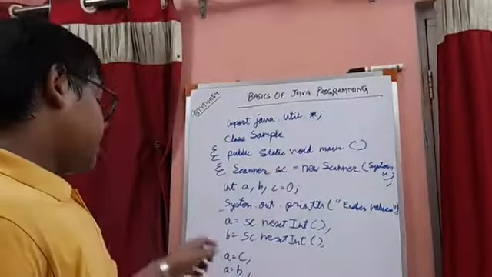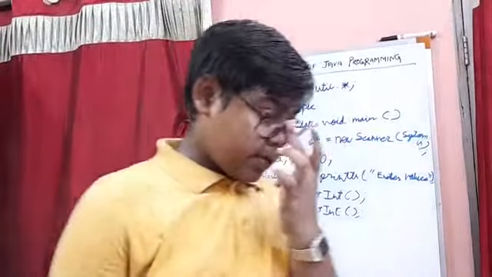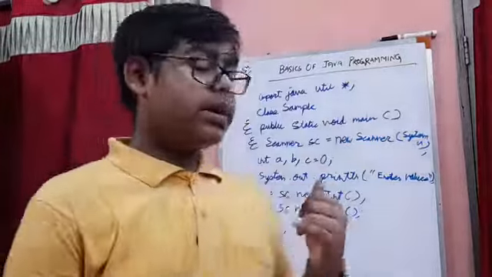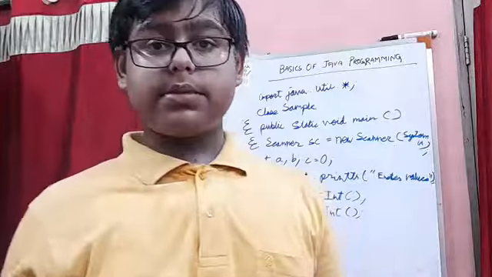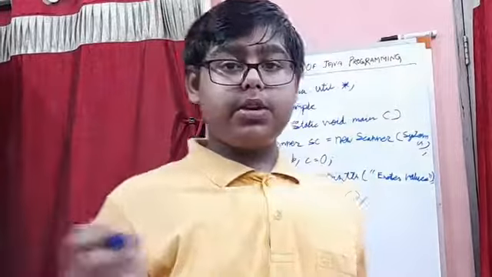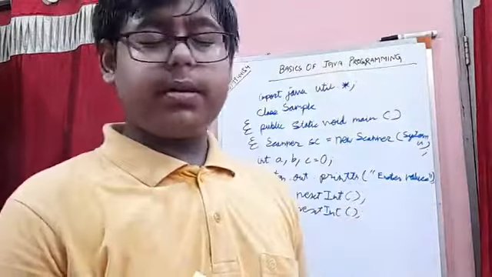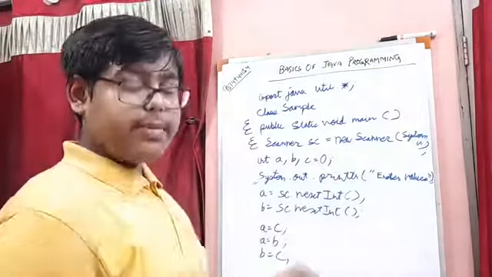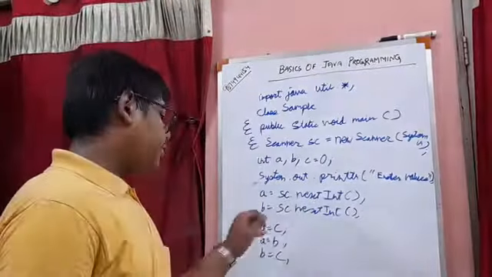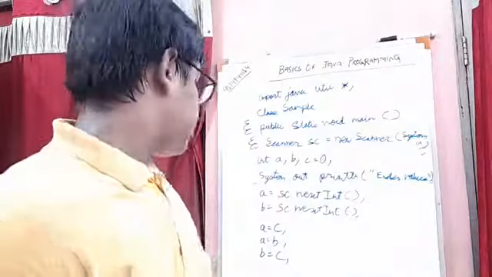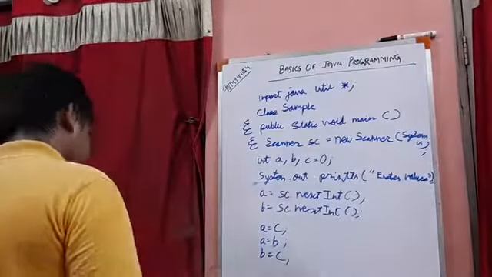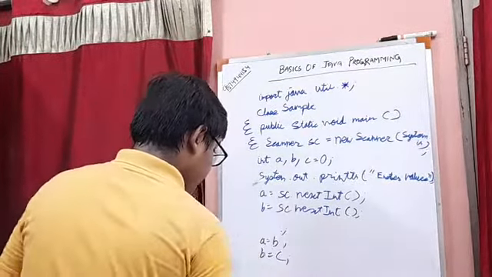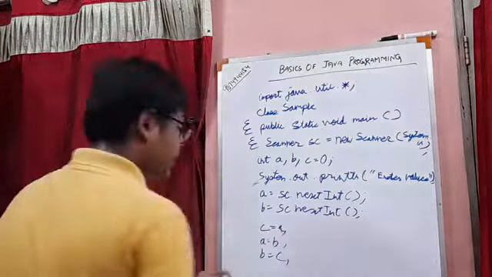Now, equal to is not like the equal to we keep in mathematics. In computer programming, equal to assigns the value of something to something. It may be a variable to a variable, or an integer to a variable. Here it is variable to variable. It assigns the value of a to c here, so c = a.